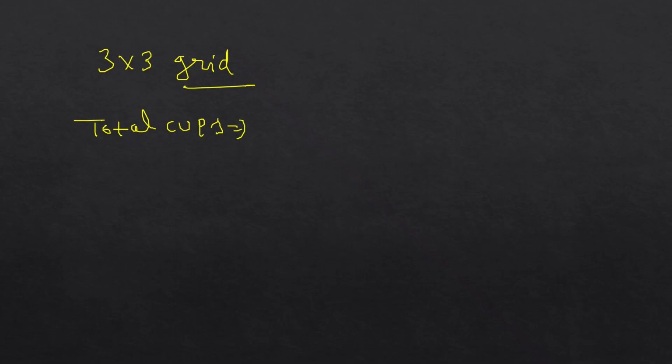First of all, we will understand the arrangement. 9 cups arranged in equal rows and columns. There is a 3 cross 3 grid. And we have a total of 6 coffee and 3 cups of tea.